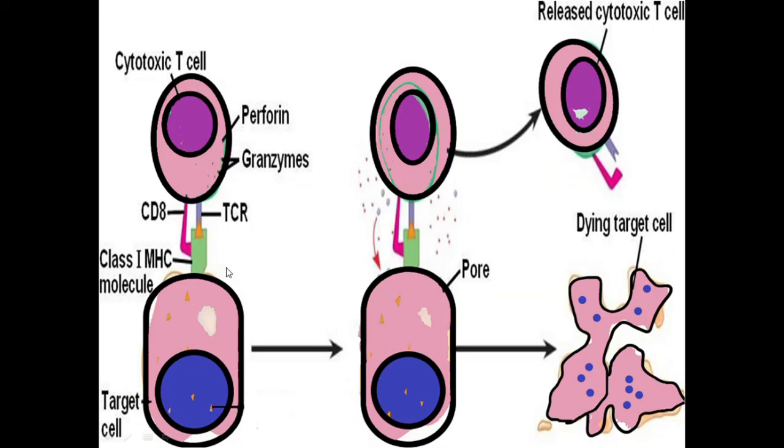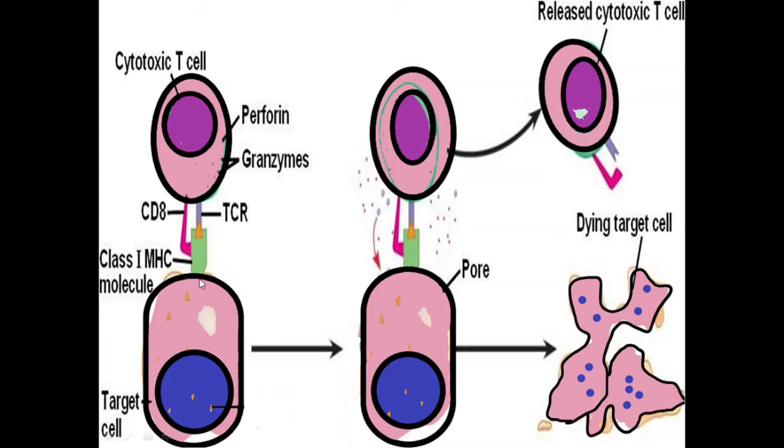And how does this take place? Let us see. This is a cytotoxic T cell. It has a copy of the antigen that was processed by the Langerhans cell. The Langerhans cell has recognized the antigen, and by MHC1, the cytotoxic T cell is formed. But the important thing is that it has a copy of the antigen.